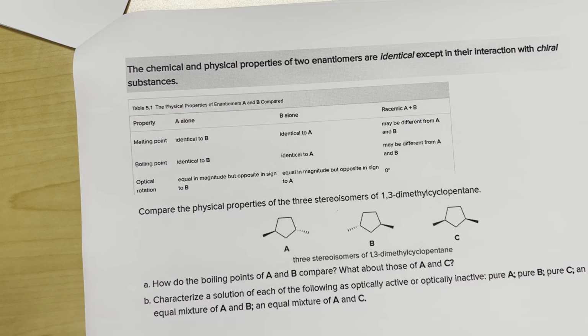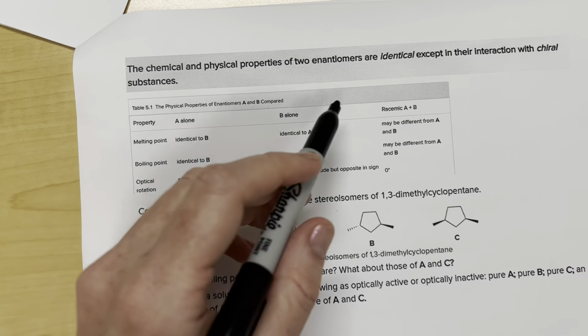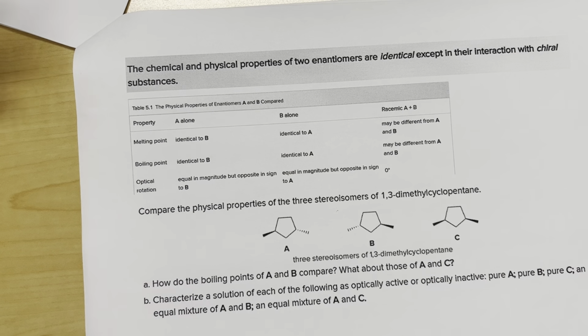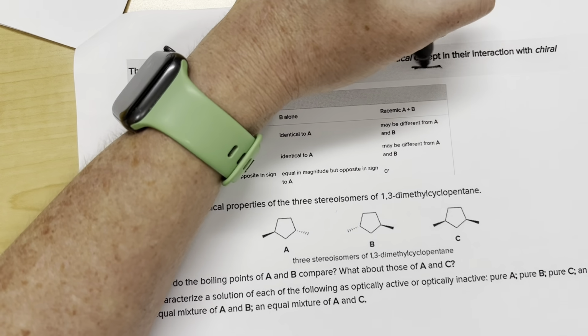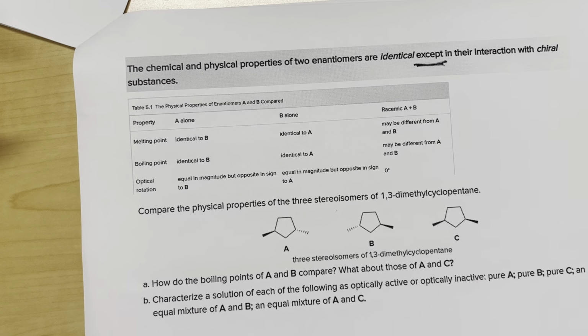Okay. So when you have two enantiomers, generally their physical properties are completely identical, except in their interactions with chiral substances.